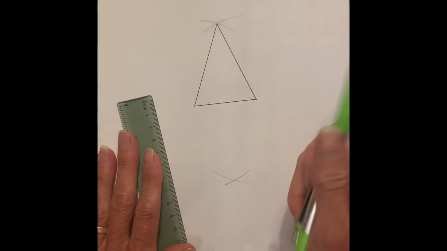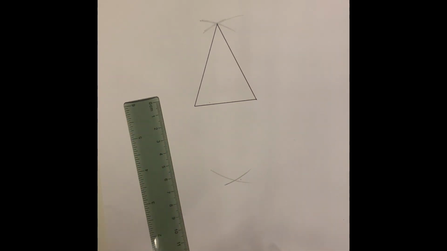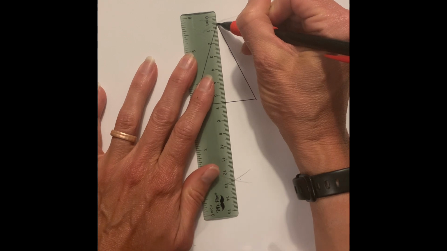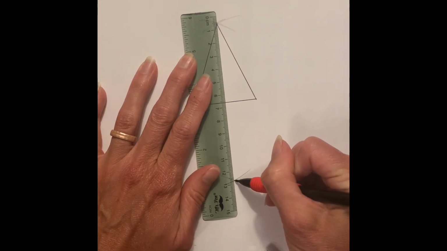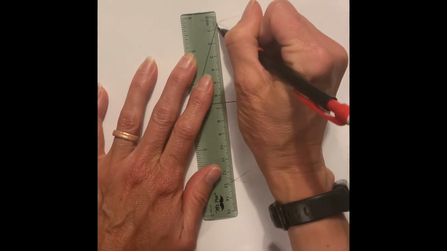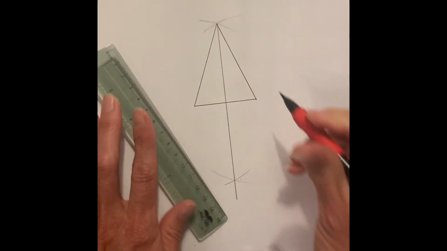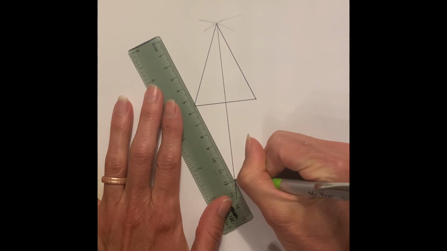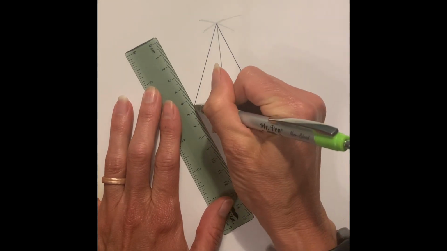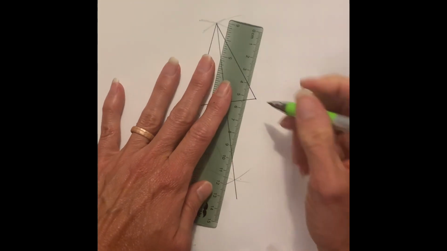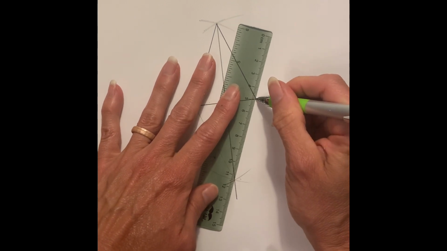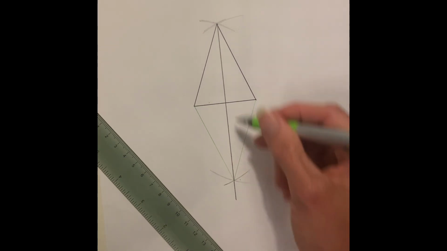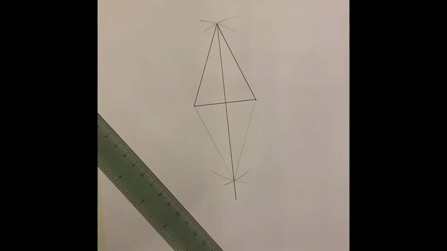And if I can go through the point of each of those, the vertex of the top isosceles triangle and the vertex of the one on the bottom. Remember, we can pretend this is actually a triangle down here, but I'm saving myself a step by not drawing this side. I don't need it. I just need to know where that point would end up in order to create that perpendicular.